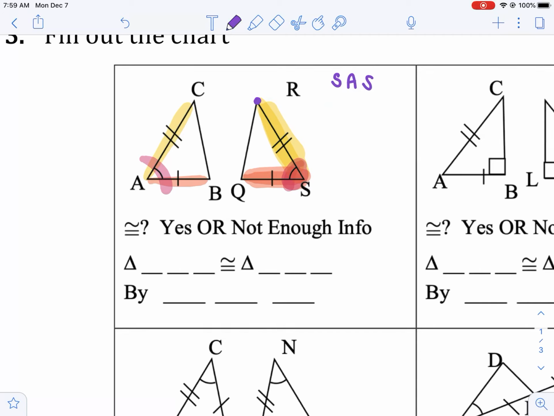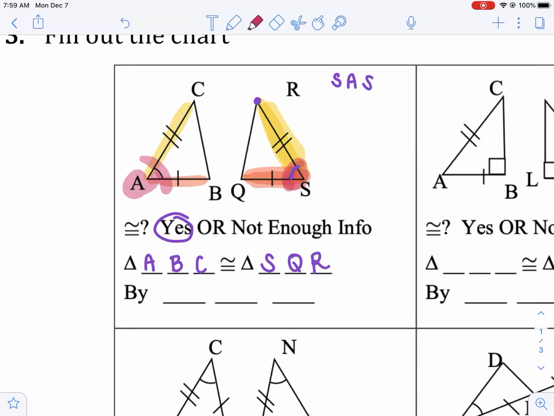We actually need to make sure our angle is included between our two sides. All right, so yes, they are congruent. We know that triangle ABC is congruent to triangle SQR. Make sure those are corresponding parts.